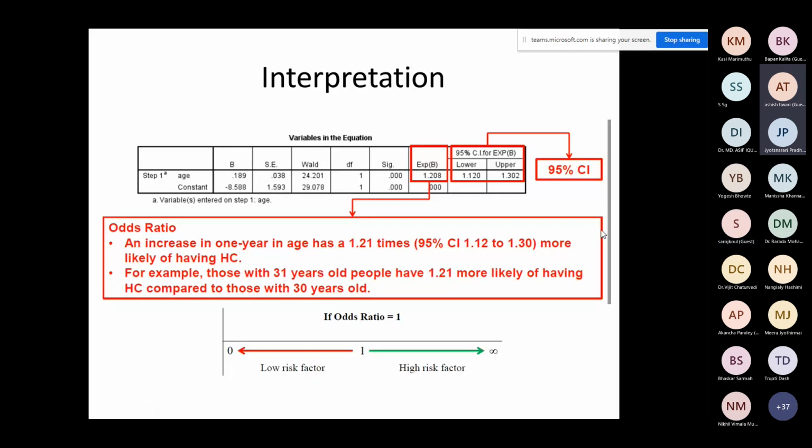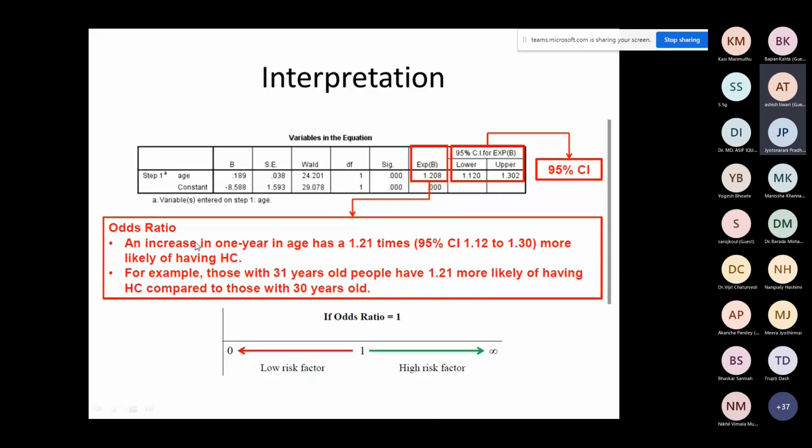So how does age influence being into hypercholesterol or not? Yes, age influences. So with increasing age, there is an increasing possibility of being into hypercholesterol, significantly, meaning age influences significantly, the p-value. How much does it influence?